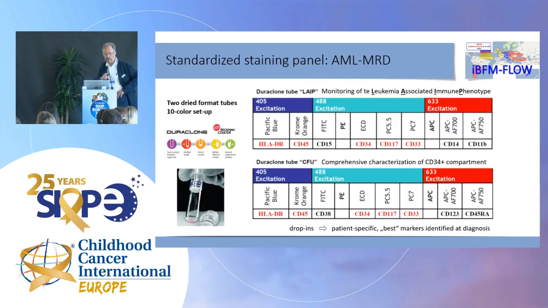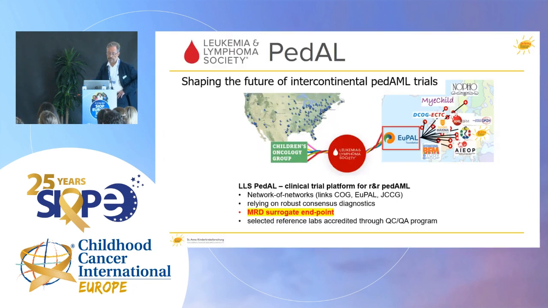So briefly, and I have only a few minutes, about AML MRD, because this is also now more and more coming into focus. We have developed dual tubes with a very standardized profile. Those dual tubes assess leukemia-associated phenotypes, but also the stem cell compartment, or CD34 compartment. And nowadays it's necessary also in international collaborative groups because MRD is more and more becoming a surrogate test for outcome endpoints.